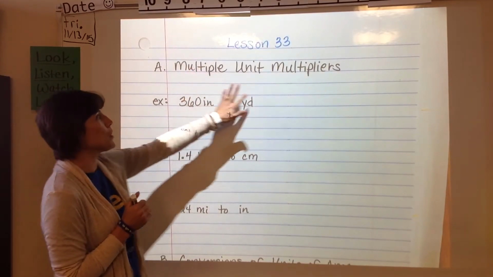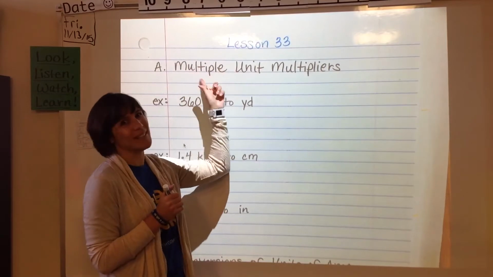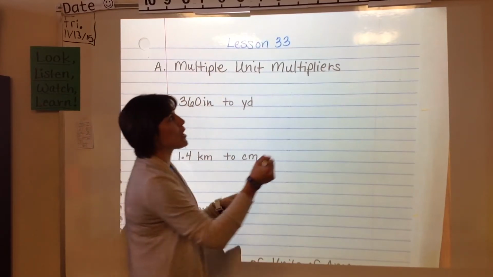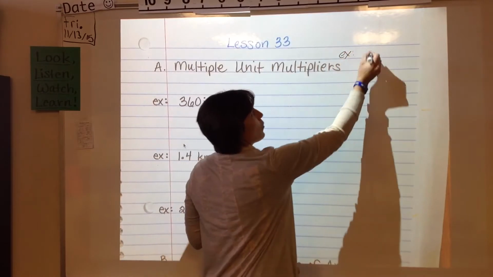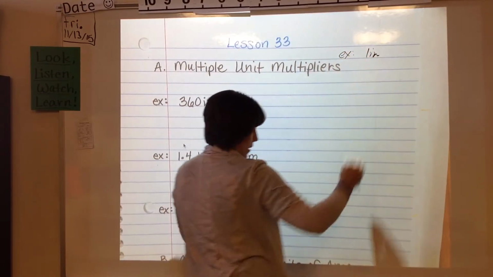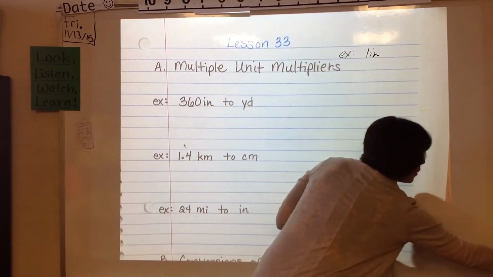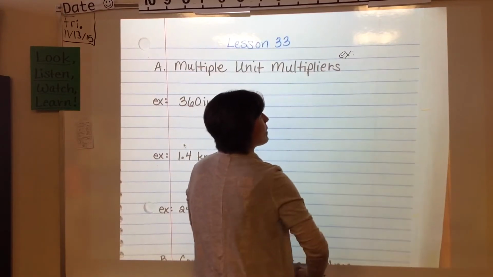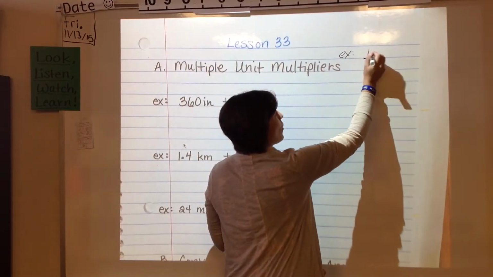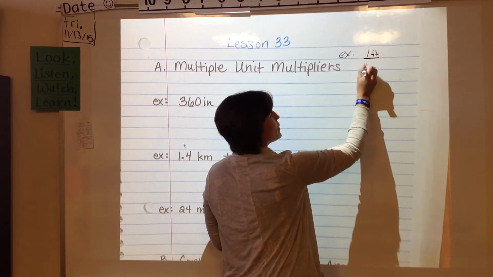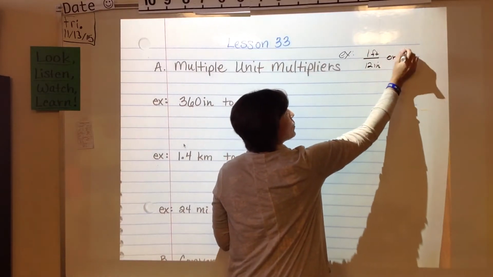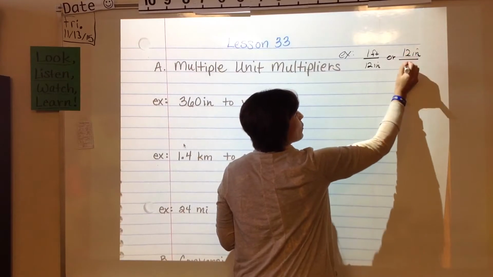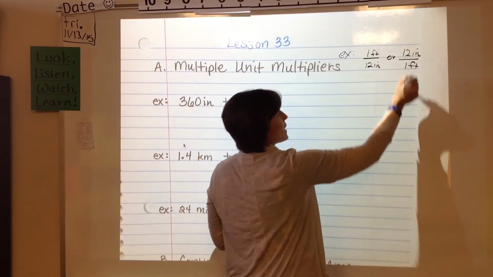All right, multiple unit multipliers means more than one, okay? Remember our unit multipliers, like inches and feet. You can either say 1 foot equals 12 inches and write it as a fraction, or you could say 12 inches equals 1 foot and write it as a fraction.